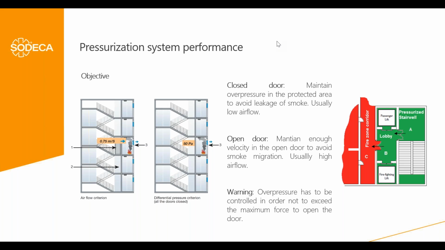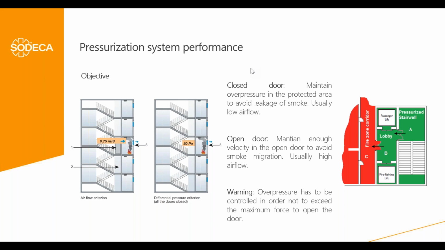So to maintain this level of overpressure, 50 pascals typically according to part 6 or 30 pascals according to the new part 13. And in case of opening the door, when someone opens the door, it is not possible to maintain this level of overpressure, then the goal is to maintain a certain level of minimum air velocity to avoid the smoke penetrating in these protected spaces. But be careful that we maintain this higher flow required for the door open condition.